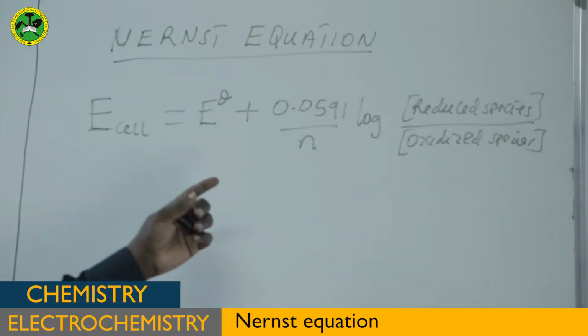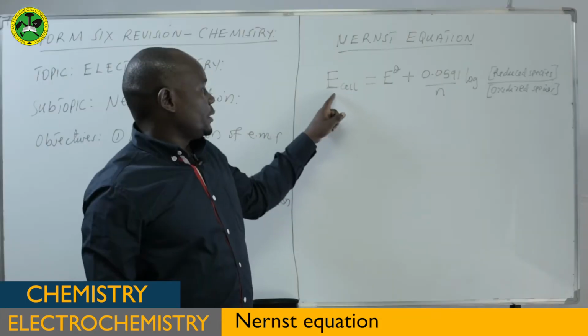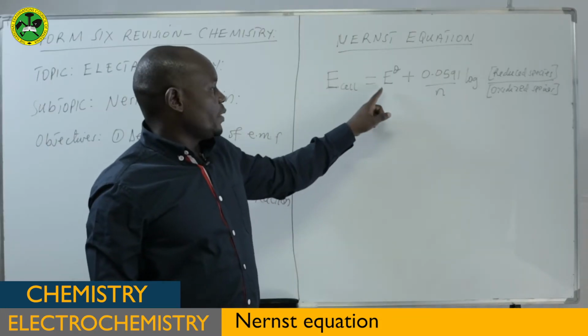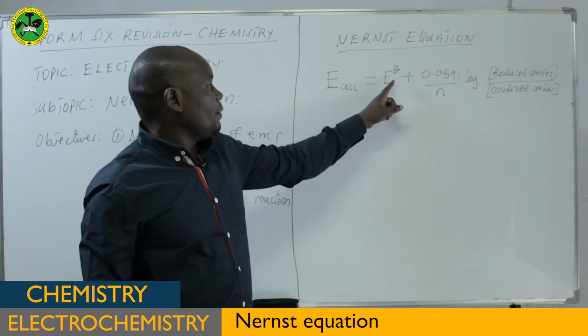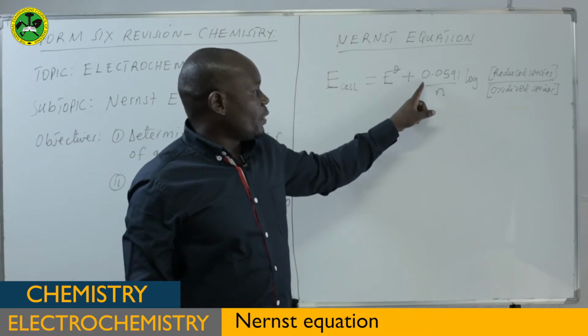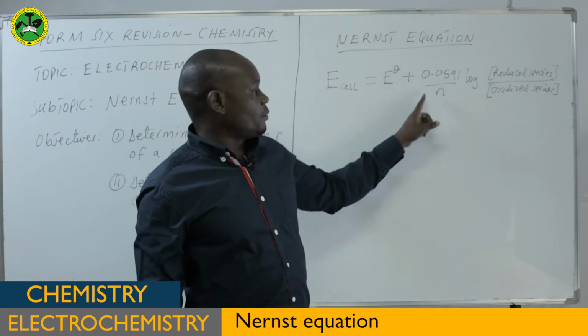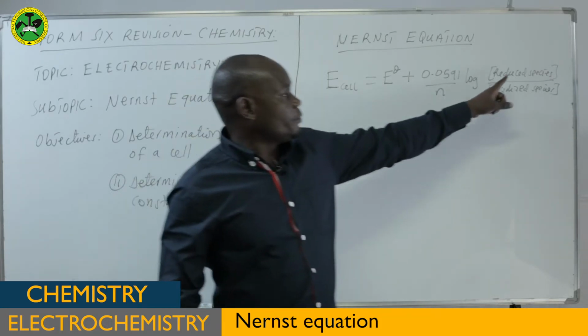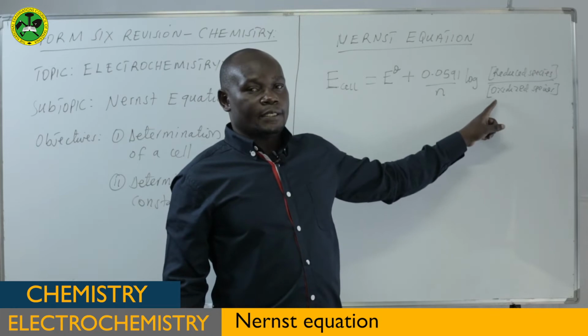this is the Nernst equation, where the EMF of a cell is calculated by taking the standard electrode potential of a cell, plus 0.0591 over n, log of the reduced species over the oxidized species.